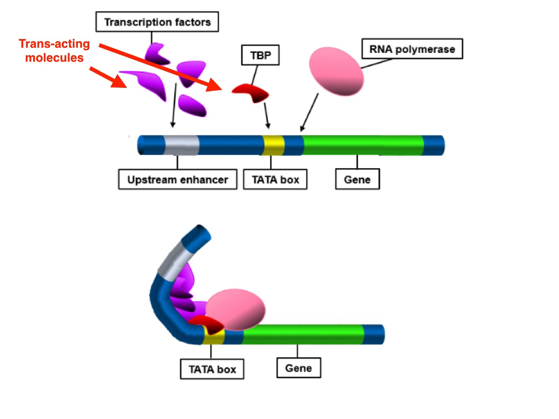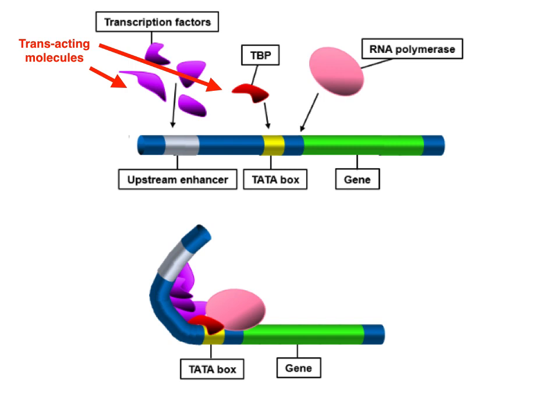Now, you will remember that all of those portions of the DNA, the TATA box, the CAT box, all that stuff, what's labeled here as an upstream enhancer, all of those are called cis-acting elements. What these transcription factors and transcription binding proteins are called are trans-acting molecules, okay?